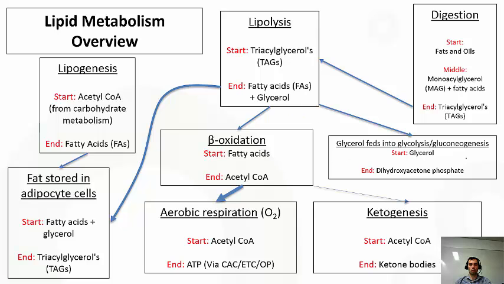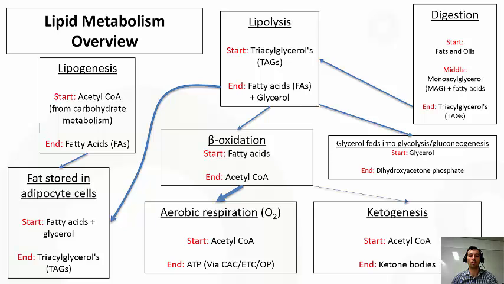The glycerol can feed into glycolysis and gluconeogenesis by being converted to dihydroxyacetone phosphate, whereas the beta oxidation allows us to make lots of acetyl-CoA from our fatty acids. Normally this acetyl-CoA is delivered into the citric acid cycle, but this is reliant on us having oxaloacetate, which we get from carbohydrate metabolism, specifically converting pyruvate into oxaloacetate.